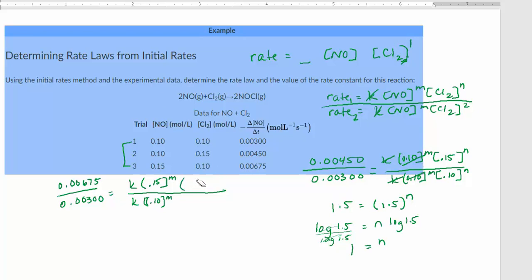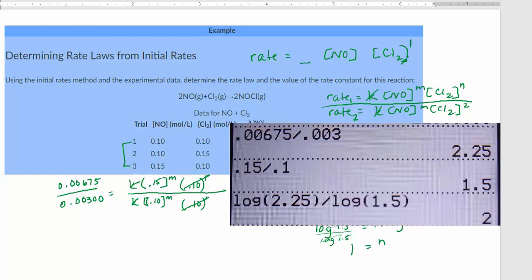Now, those cancel out. So what we're left with is the ratio of the rate, 0.00675 divided by 0.003. So that's 2.25, which is going to be equal to this ratio, 0.15 divided by 0.1, which is 1.5, but that's going to be raised to the m power.